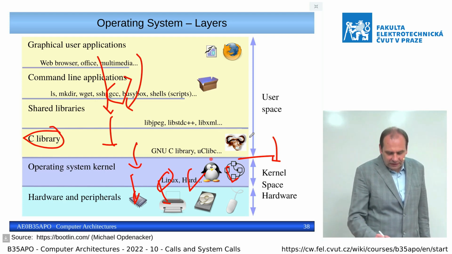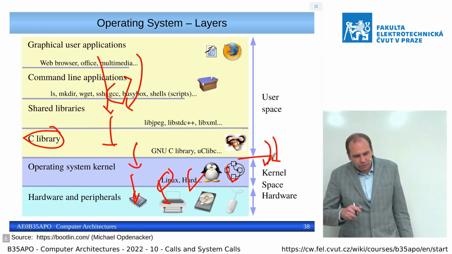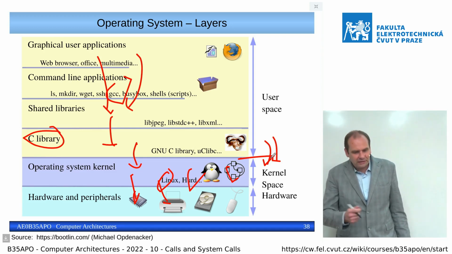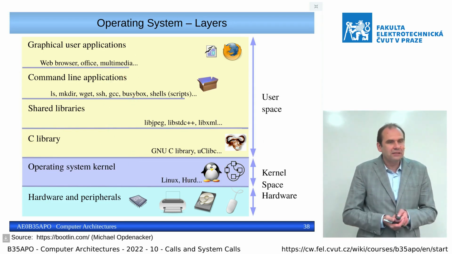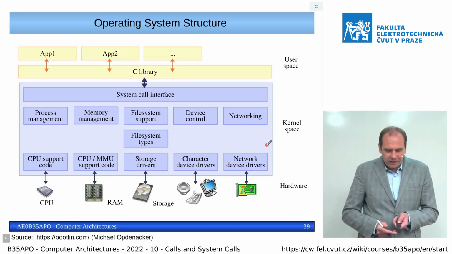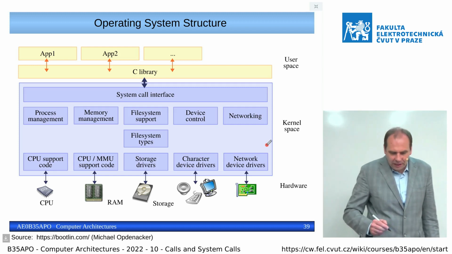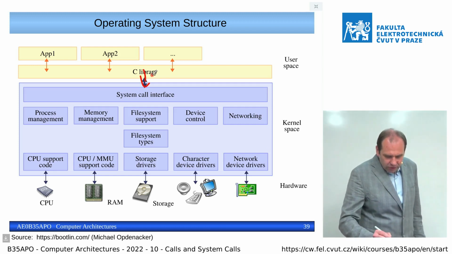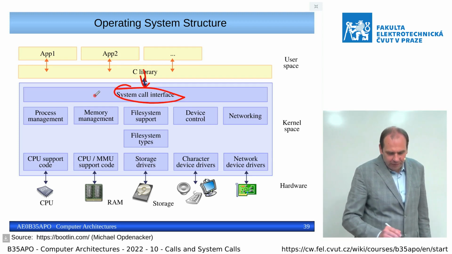So it is necessary to invoke execution in a special way which allows trapping into the kernel and switching the priority. We have already seen this in the previous lecture, for interrupts, and now we see how it is implemented for the operating system. The operating system internally is connected to the C library, which calls operating system interfaces.